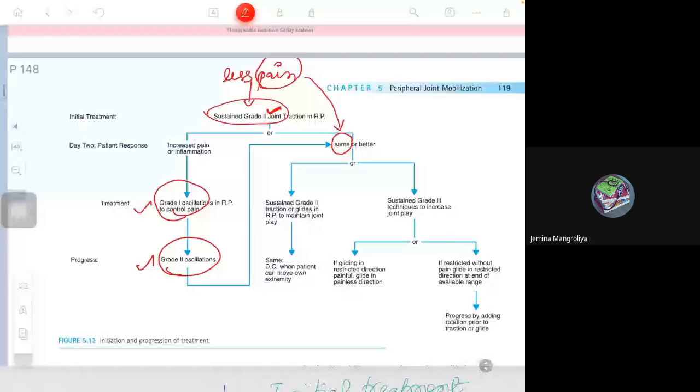So if the patient's pain is the same, then you will follow this treatment. If the pain is better, then you will follow this treatment. I think I am clear.